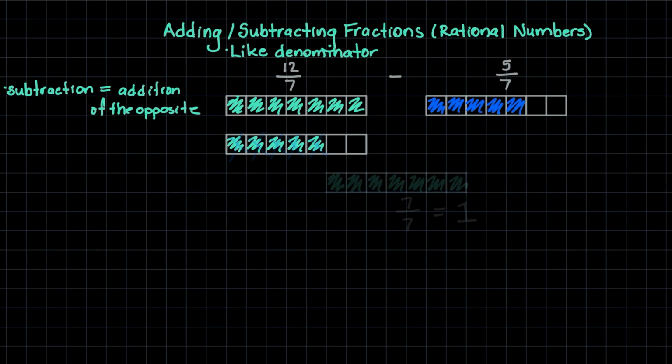So if I start with 12/7 over here and I take away, I'm going to start from the end. 1, 2, 3, 4, 5.